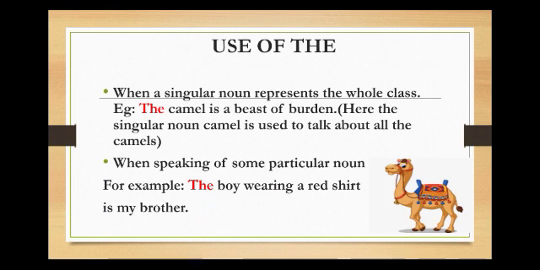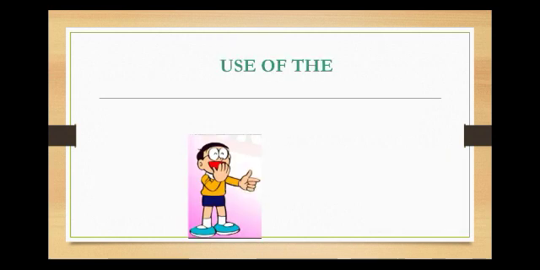Or another example can be, please give me the pencil that I gave you. Over here, I don't want any pencil. I want that particular pencil that I gave you. So when we are talking about some particular noun, always use the.